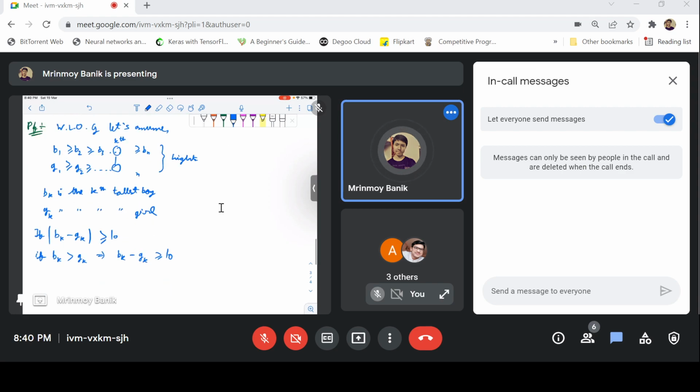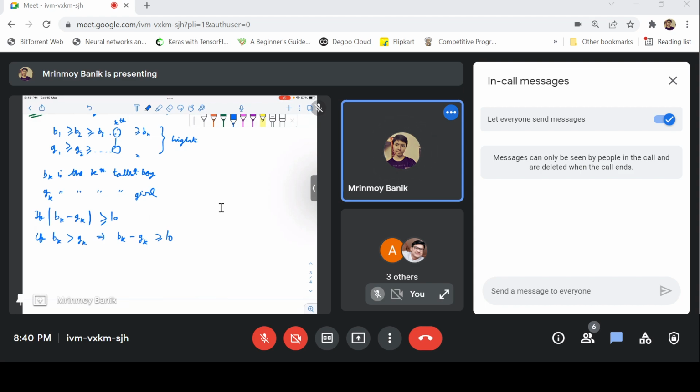So how many taller boys are there? This must be true for all Bi minus Gj. It's true for K, and for K minus 1 up till the tallest boy 1.